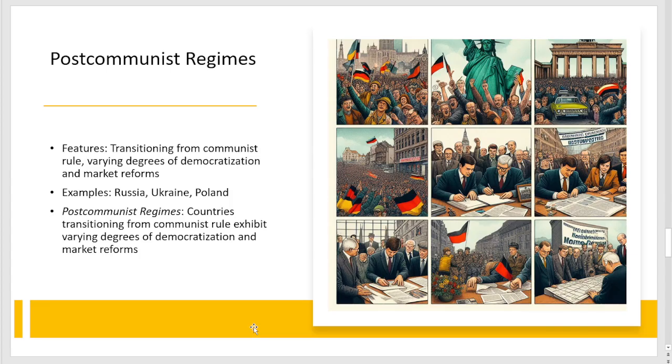In post-communist regimes, the state and society relationship is a bit difficult to ascertain, meaning that they are in transition, and the state tends to have control or most of the say in governance.